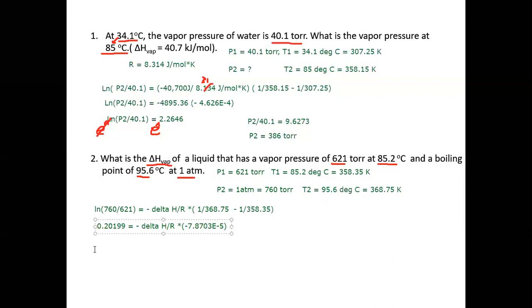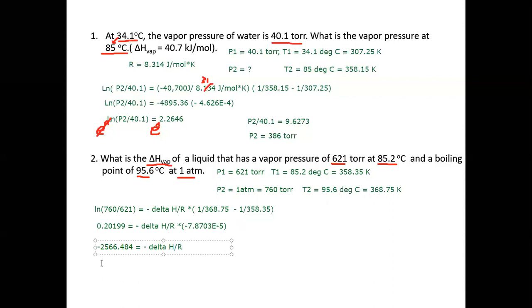So when we do that, we get negative 2566.48. And that equals negative delta H divided by R.